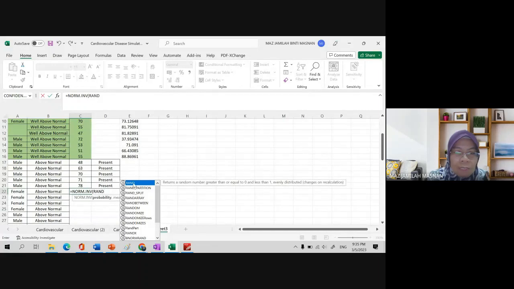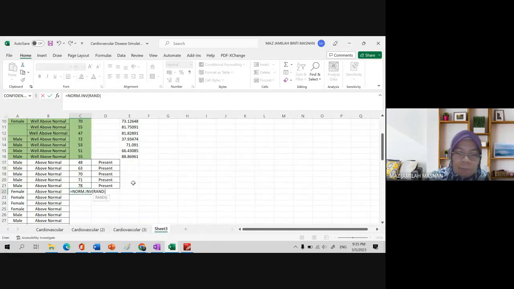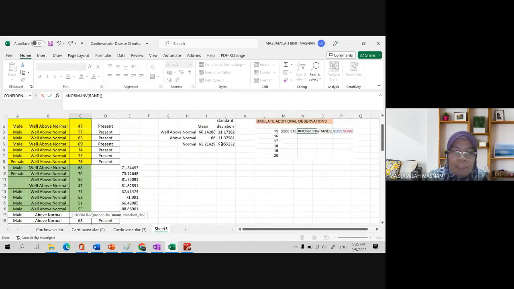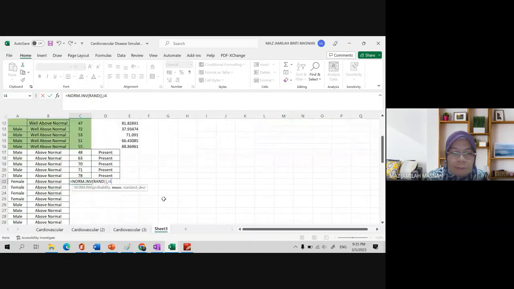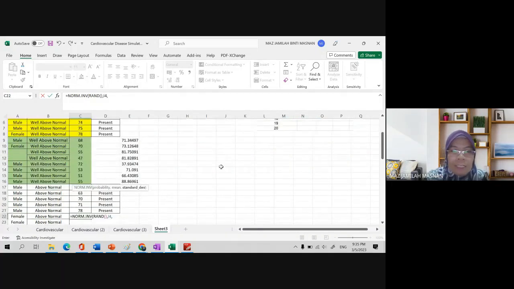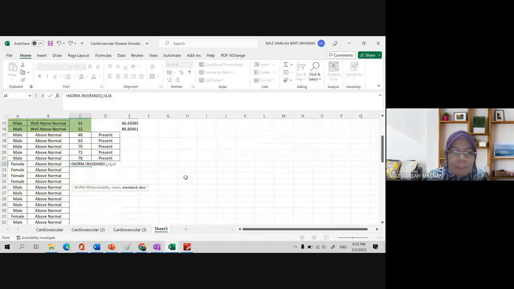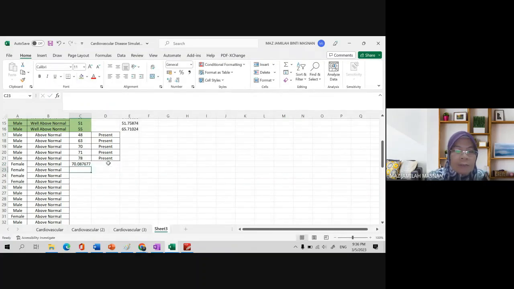You got the RAND, double click, and then close the bracket, identify the mean, comma, and then identify the standard deviation, close the bracket, lock the location of the mean so that you don't have any problem with the generated value, and then enter.